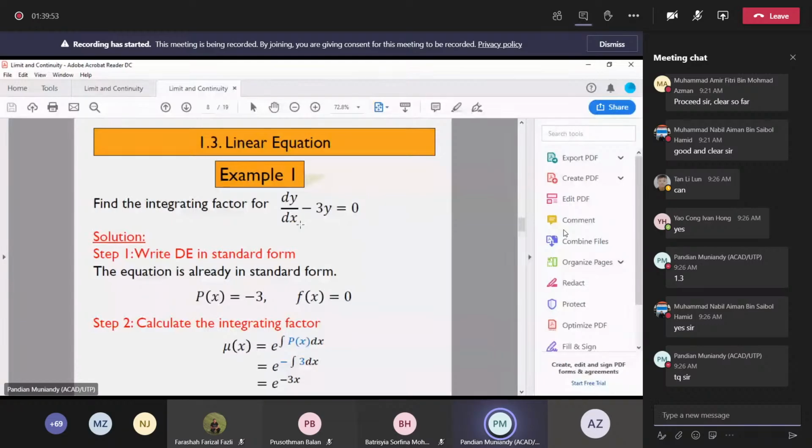So ln y equals 3x plus c. This is the answer, because this one is in the separable class.